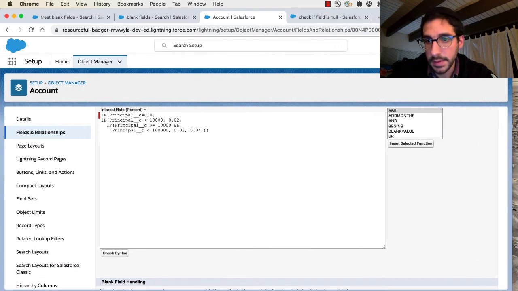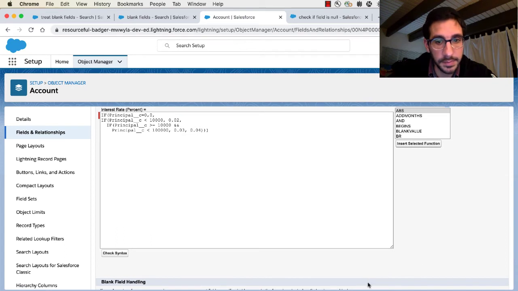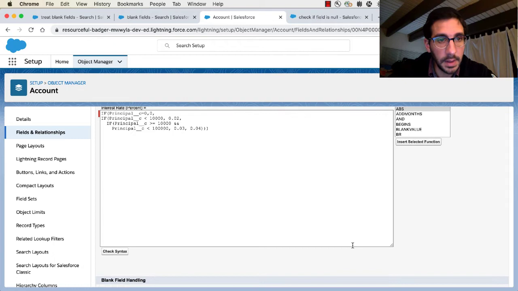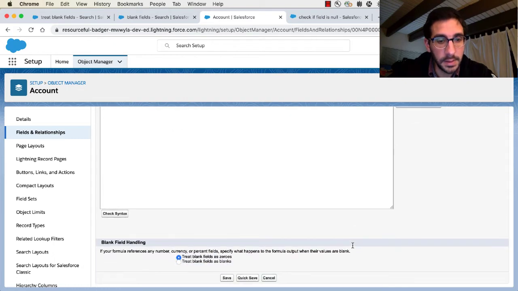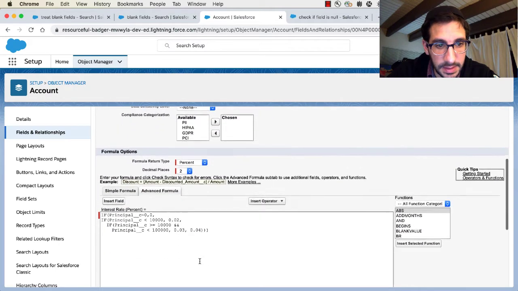So I do this. It's a little bit unelegant, but okay. If your formula references a number, currency, or percent field, specify what happens to the formula output when their values are blank. So here I have treat blank fields as blanks and treat blank fields as zeros. So we're going to do blanks as blanks.